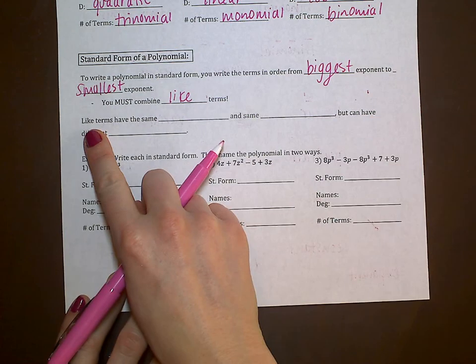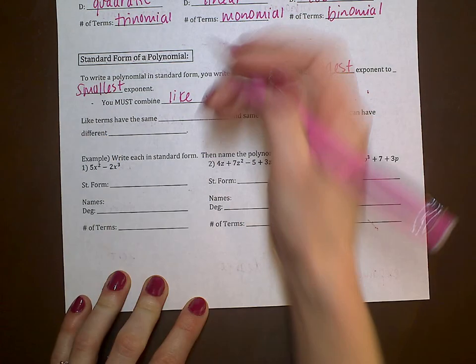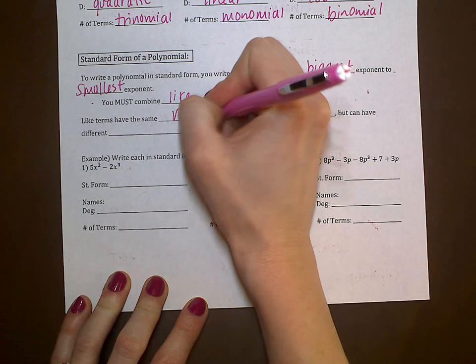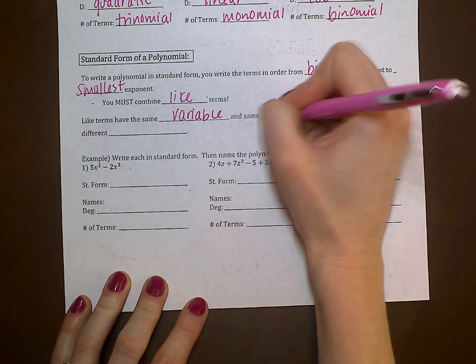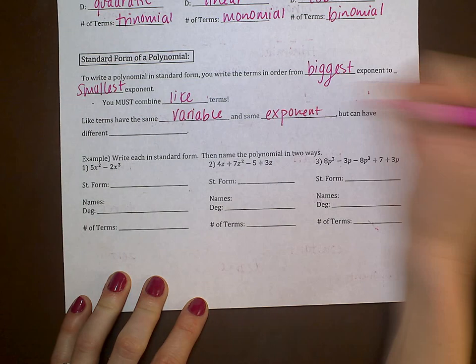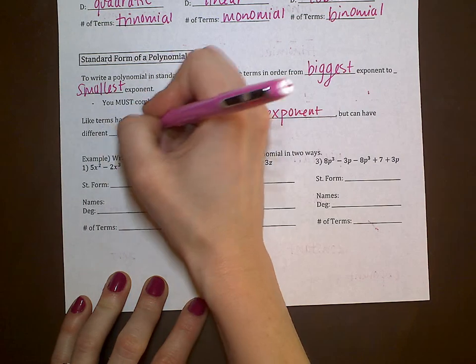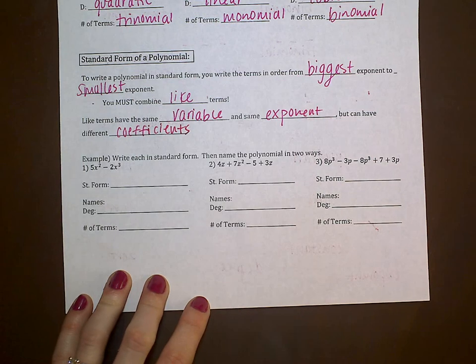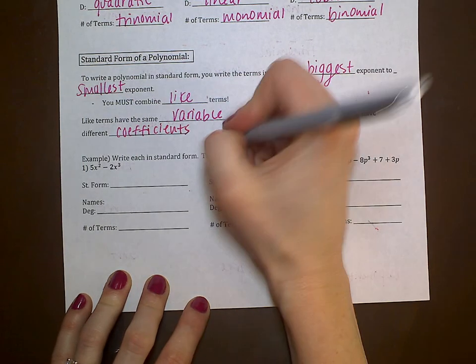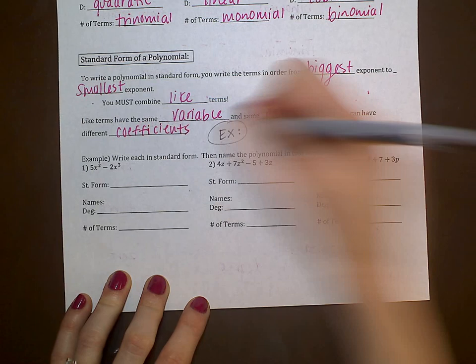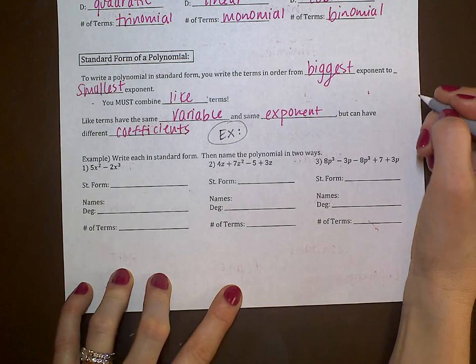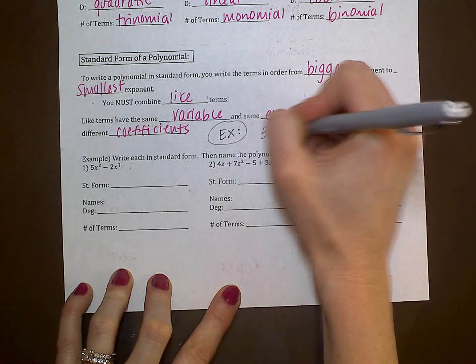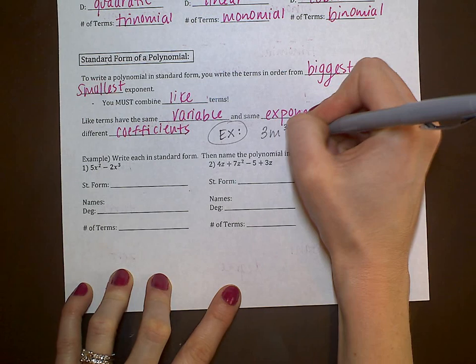Realize that like terms have the same variable and exponent, but they can have different coefficients. And I'll show you what I mean by that. So let me give you an example. Let's say I have something like 3m cubed plus 5m cubed.